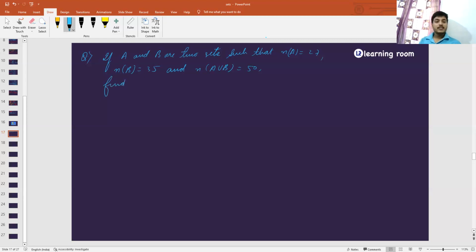You have to find n(A intersection B). Let us solve this easy question.